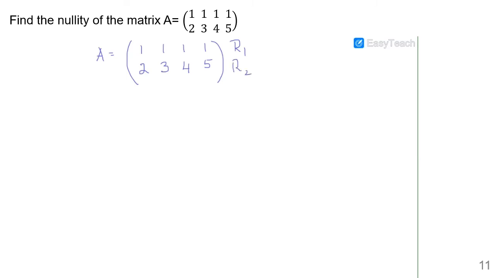We'll reduce this to echelon form. We'll retain the first row as it is. Second row is R2 is equal to R2 minus 2R1. So this becomes 0, 1, 2, 3.